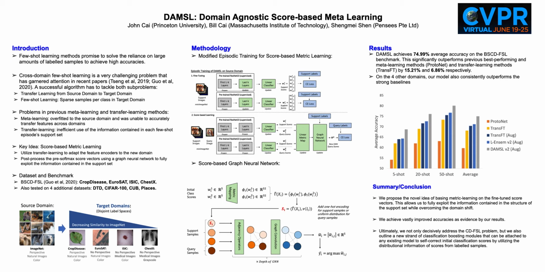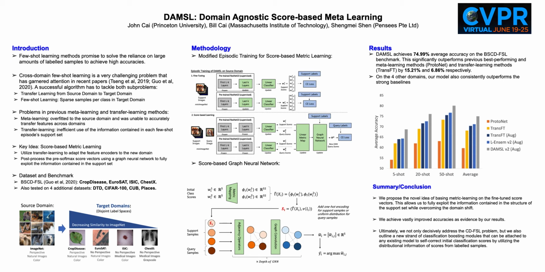And this is critical to address because we understand that few-shot learning has the promise to help solve the reliance on large amounts of labeled samples. And we know that in practicality, domain shifts are very common. So if domain shifts do hinder few-shot learning, then that limits a lot of the good work that few-shot learning can actually provide.